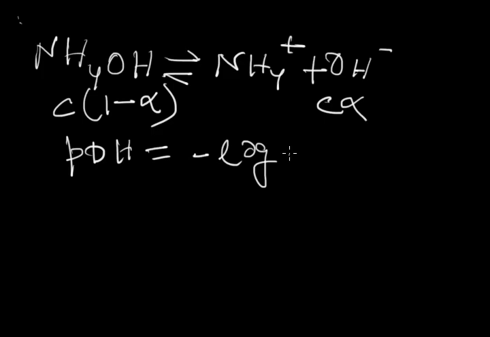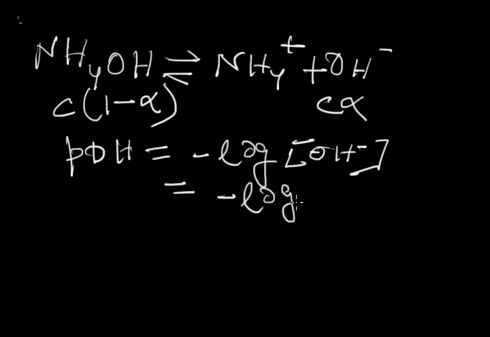Now pOH is minus log of OH minus ion, minus log of C alpha, where the concentration of ammonium hydroxide is C and degree of dissociation is alpha.